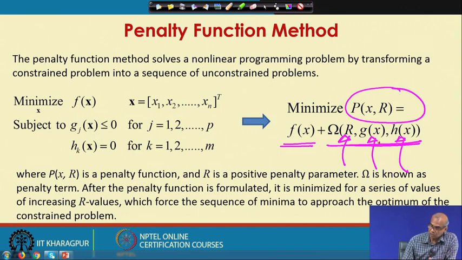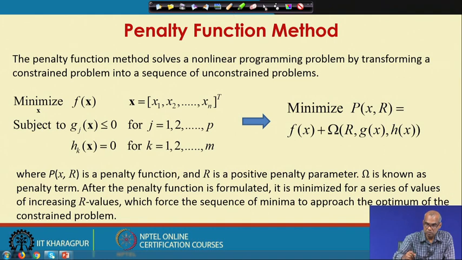So, the penalty function becomes a function of the decision variables and the penalty parameter, because the objective function, the inequality constraints as well as the equality constraints are all functions of decision variables x.